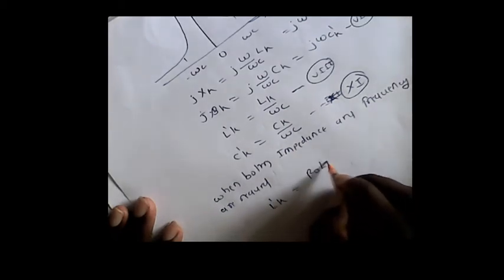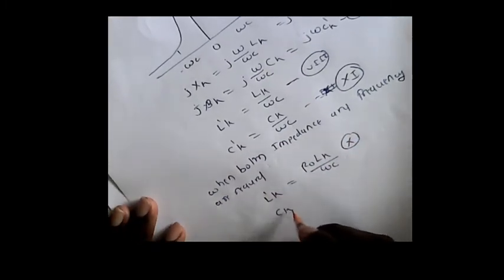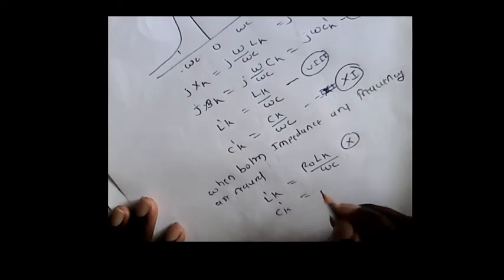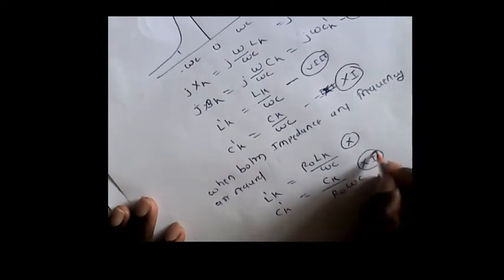Lk dash is equal to R naught into Lk divided by omega c. This is equation number 10. And Ck dash is Ck divided by R naught into omega c. This is equation number 11.